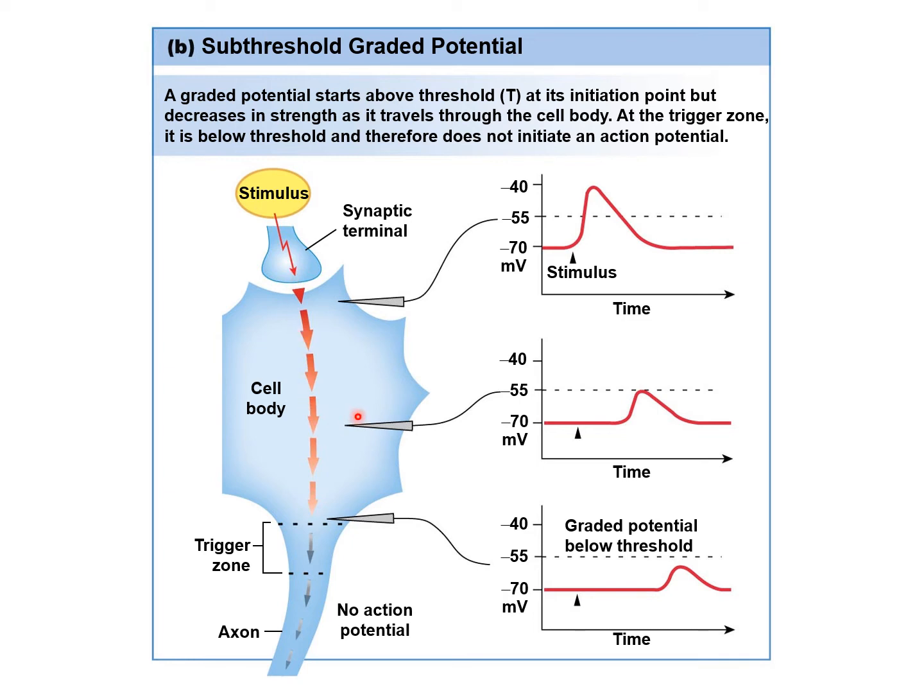Along the way, wherever we measure it, we see that we're just barely at threshold right in the middle of the cell body. You can see that it's delayed in time. It's taken a millisecond or so for that wave to get there. And then when we measure down here, again, it took another millisecond to get to that next distance. Now we have weakened to the point it's sub-threshold. It's not going to fire off an action potential.